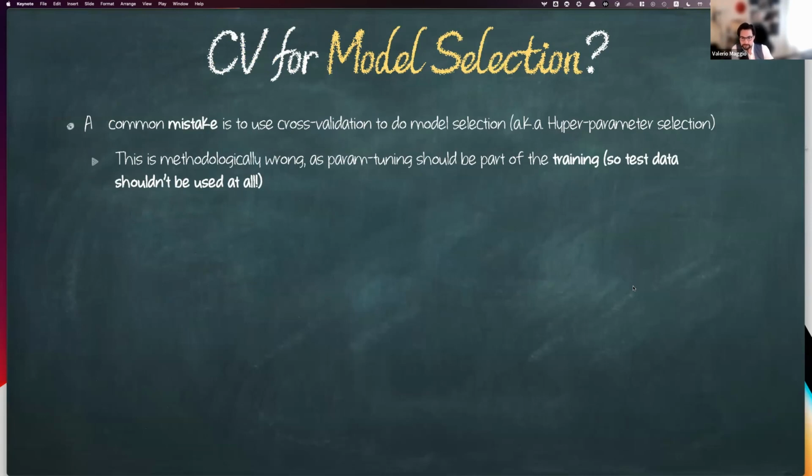And I want to just clarify in this last bit that there's a common mistake in which sometimes you want to use cross-validation to do model selection, also known as hyperparameter selection. This is methodologically wrong, as parameter tuning should be part of the training. So test data shouldn't be used at all in hyperparameter tuning.